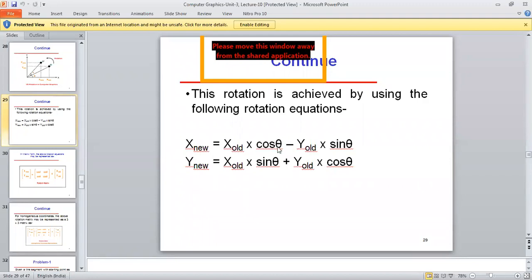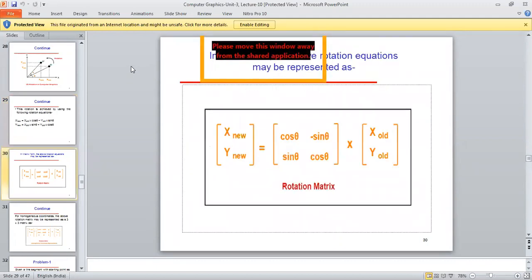Just put the value of theta here, and you are already aware of the initial points x old and y old, these are the initial coordinates. So you can calculate x new and y new easily. Put angle theta here and you can calculate these new points easily, and this is called the rotation matrix.